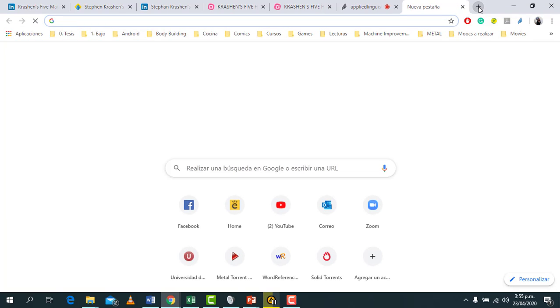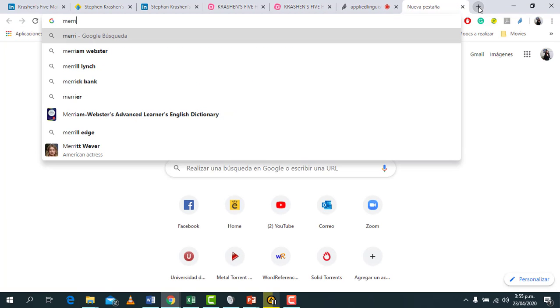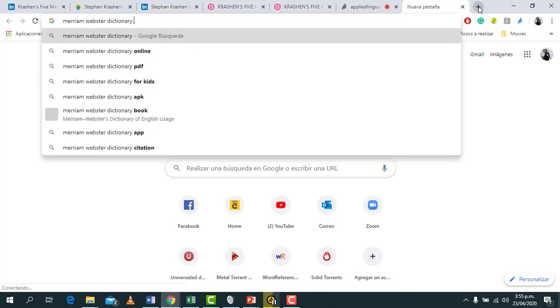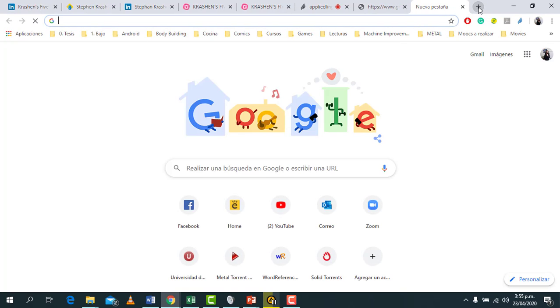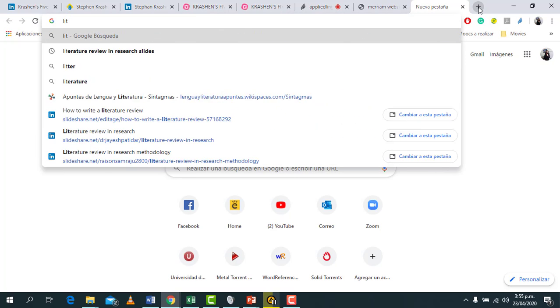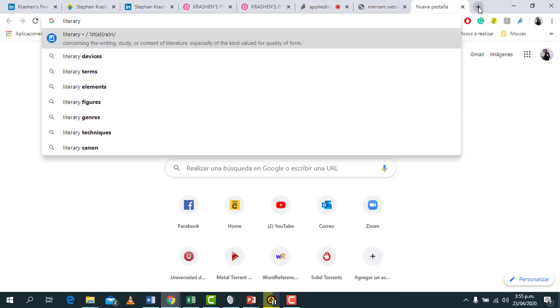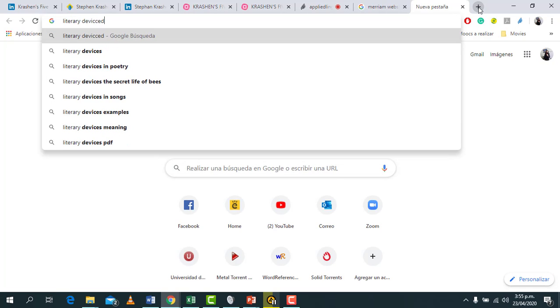So if we look, for example, at the Merriam-Webster dictionary, then no, even better. Auditory devices. I want to explain what that is.